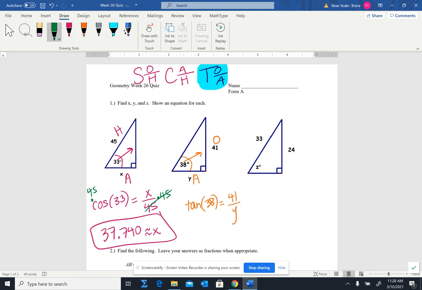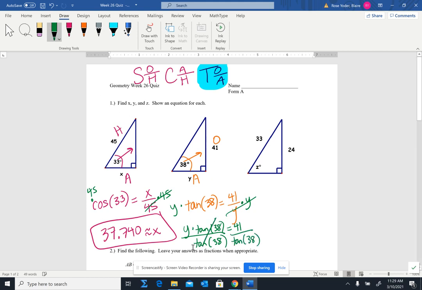This is one of those problems that's a little bit trickier to solve because you want to cancel out what's in the denominator. So I'm going to go times Y on both sides. And then I can't type this in the calculator yet because I'm not going to type Y times the tangent of 38. I need to solve for Y. So the one last step is to divide both sides by tan 38.